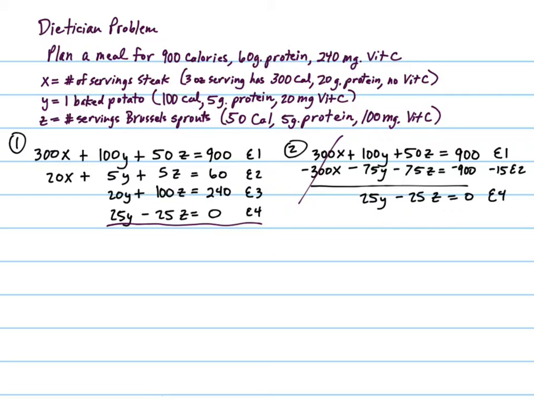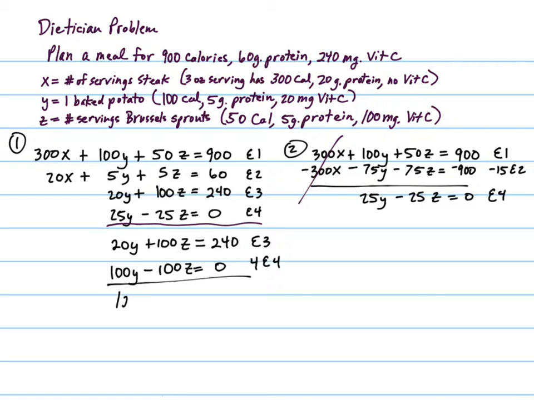What I'm trying to do is get opposites here. And so I'm going to rewrite equation 3, and I'm going to multiply equation 4 by 4. And so I get 100y, 4 times 25 is 100, minus 100z equals 0. So now when I add these equations together, I get 120y equals 240, and you can see that y is 2.